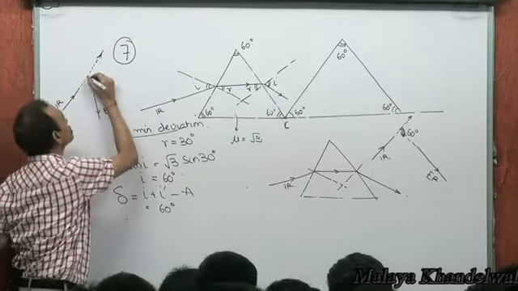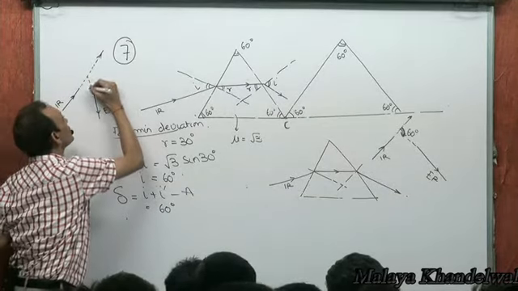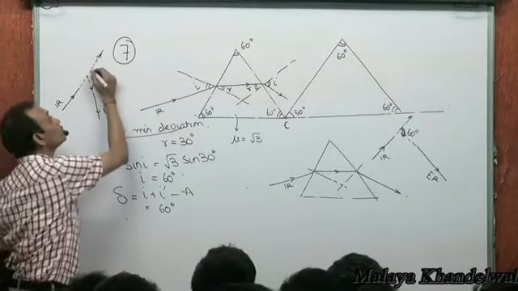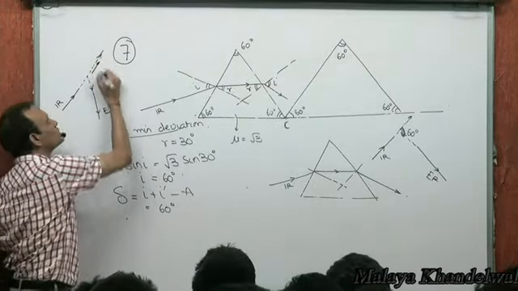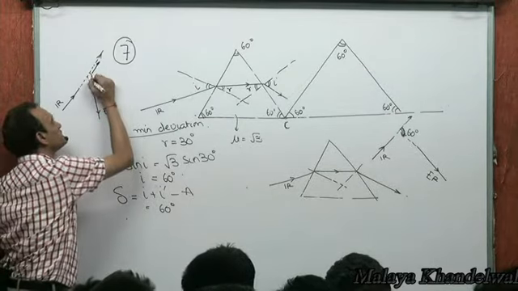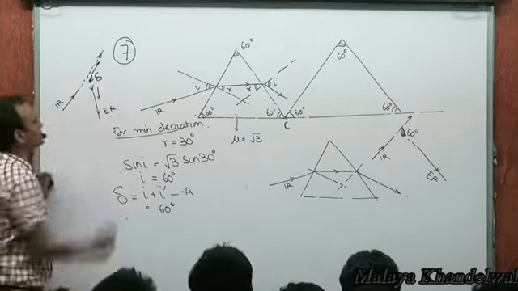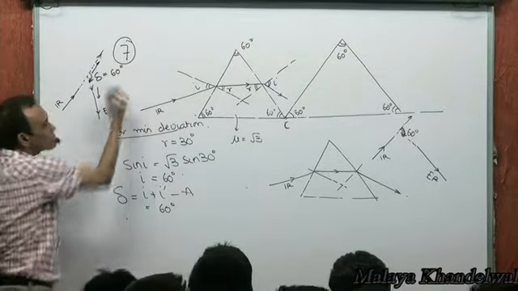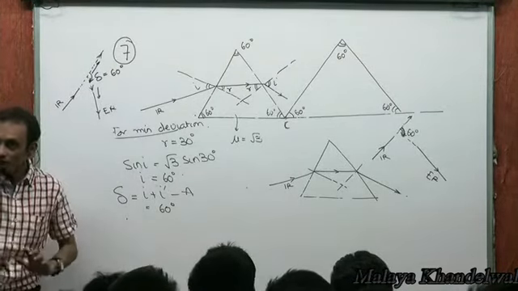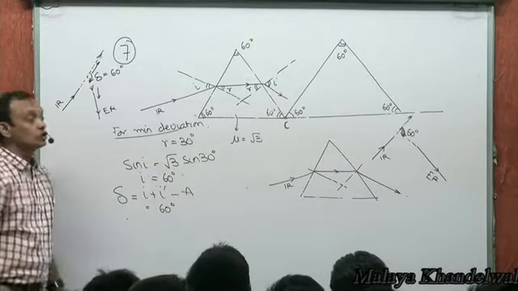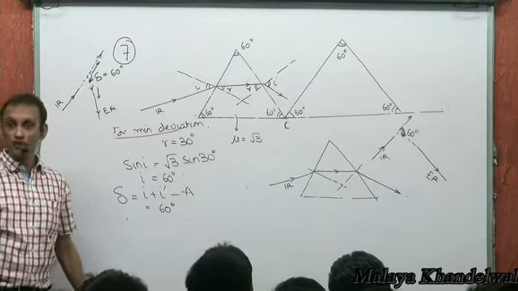But now, because of the prism, the ray is traveling this way. That means it caused an angular deviation of the ray, which is the delta produced by the prism, which must be 60 degrees. This is what the prism did. Right? Now, having said this, so far so good, right?